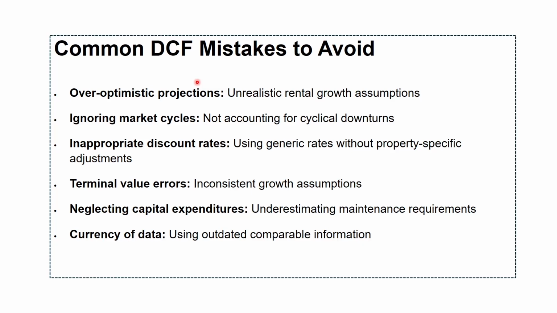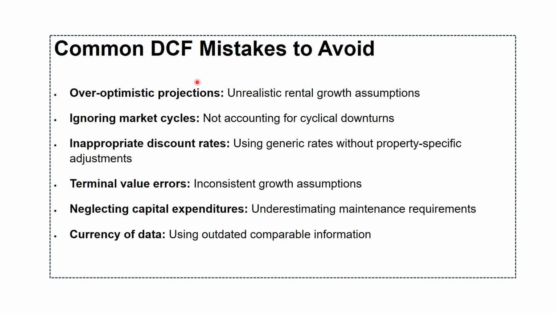Then terminal value errors include inconsistent growth assumptions, where the terminal growth rate exceeds long-term economic growth or market fundamentals. Then neglecting capital expenditure leads to overvaluation, when analysts underestimate ongoing maintenance requirements and major renovation needs. Using outdated comparable information can skew assumptions when market conditions have changed significantly since the data was collected.